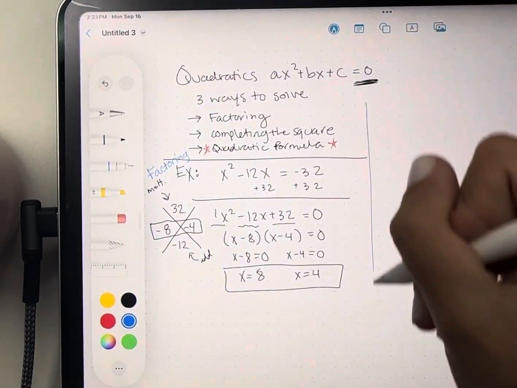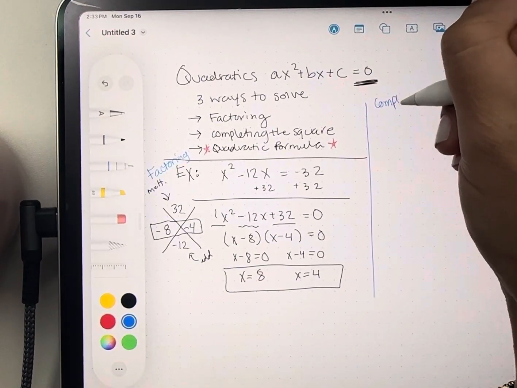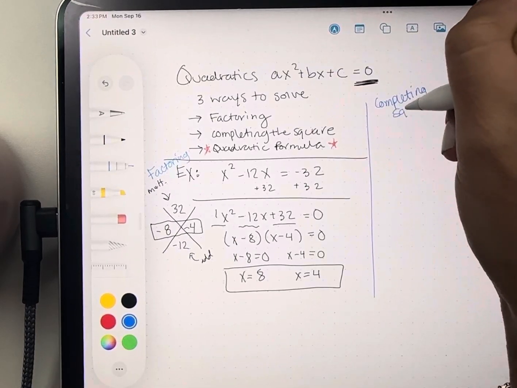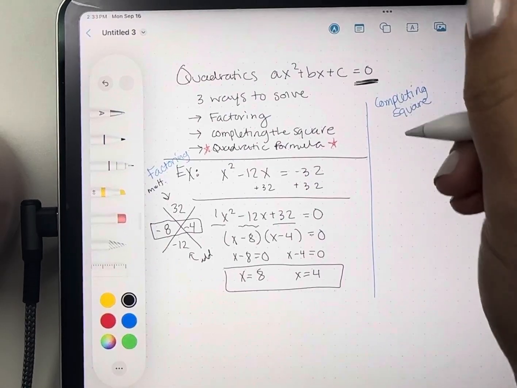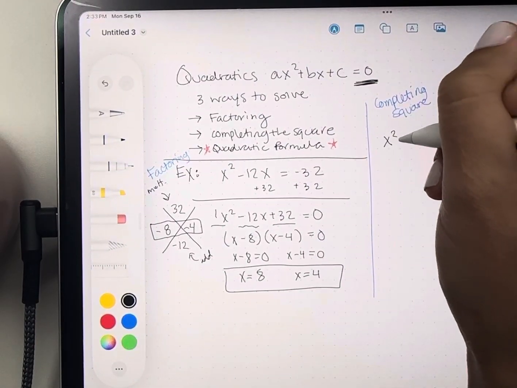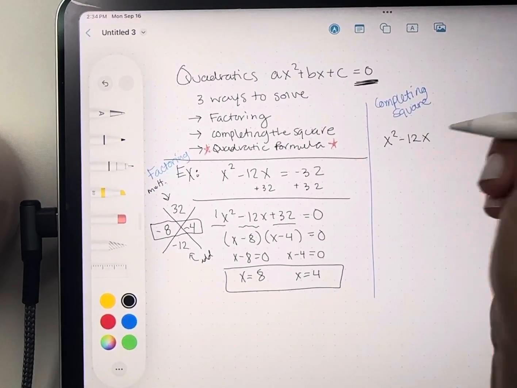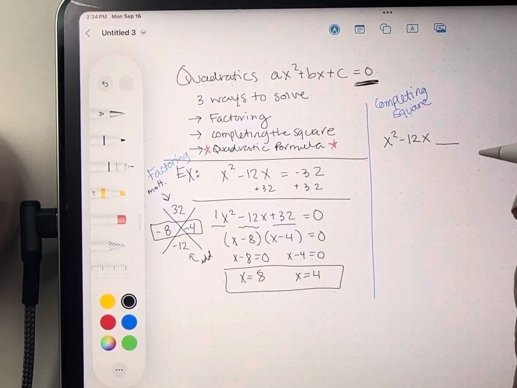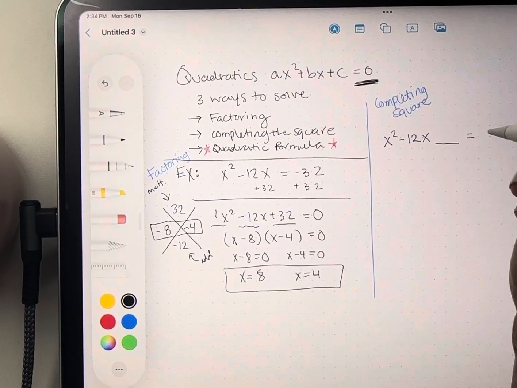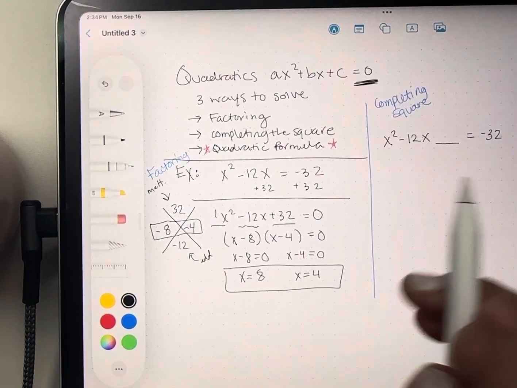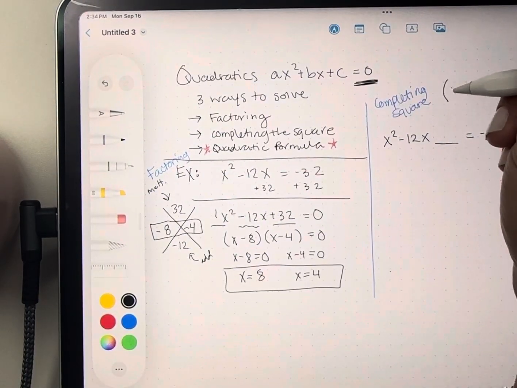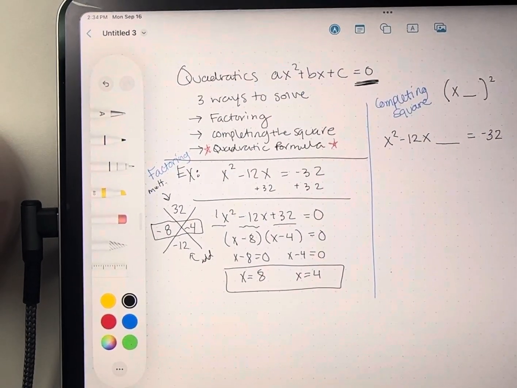Now let's do it with completing the square. So with completing the square, I want this x squared minus 12x to have this perfect magical number here that allows me to factor this into a perfect square, into a perfect something that looks like this, parentheses x with something squared.